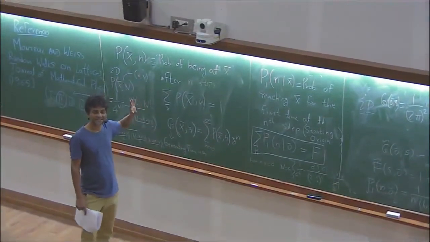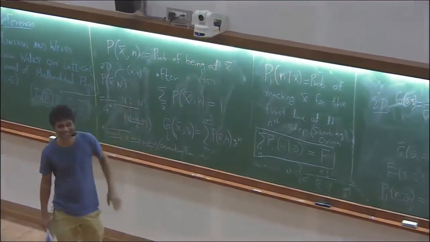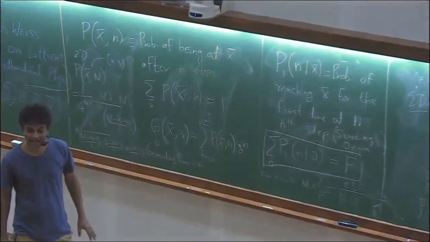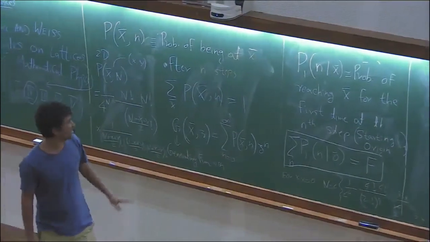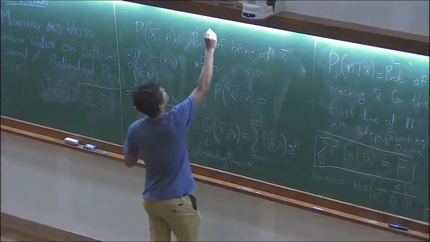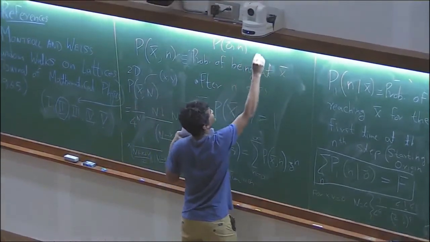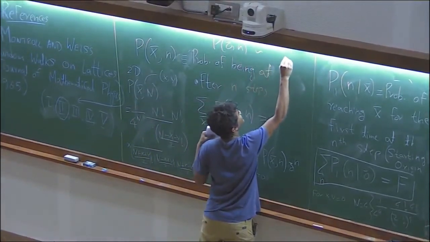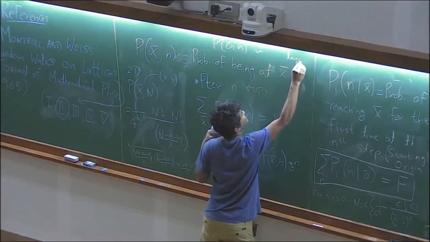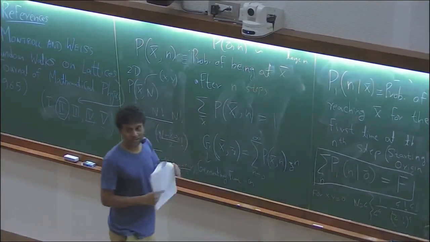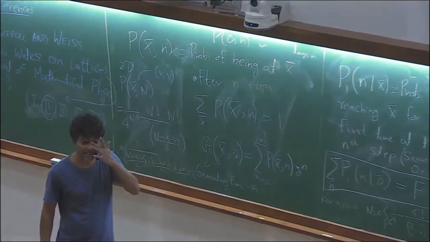Someone should say this. This is the simplest thing I taught. No, it's not 1. I'm asking P of, okay, this is really the simplest thing I taught. At large n, what does it look like? One knows this in any dimension. N to the power?